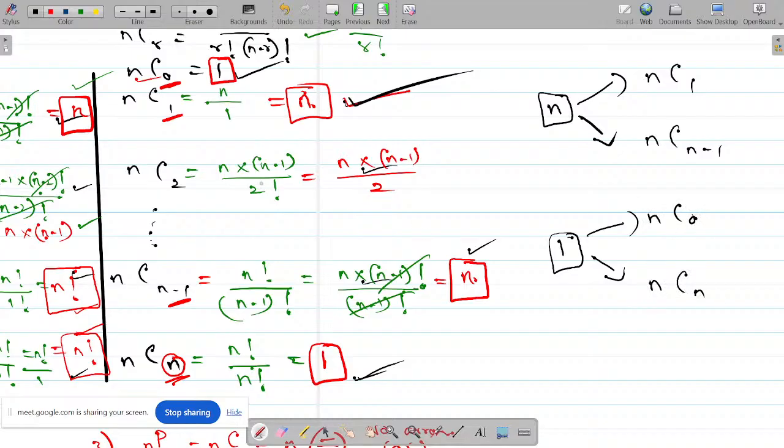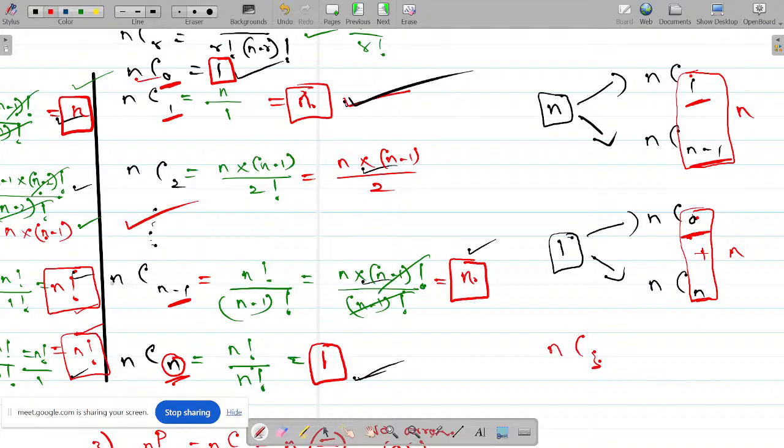Now, my focus is on this R value and this R value. If you add these two R values, you'll get N. See, add only the R value. Likewise, if you extend the next case where NC3, what is the earlier case for this one?